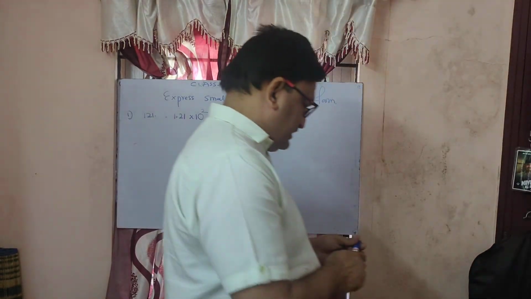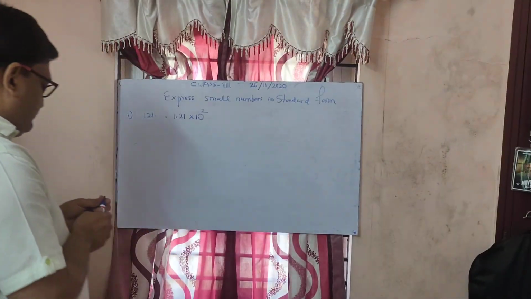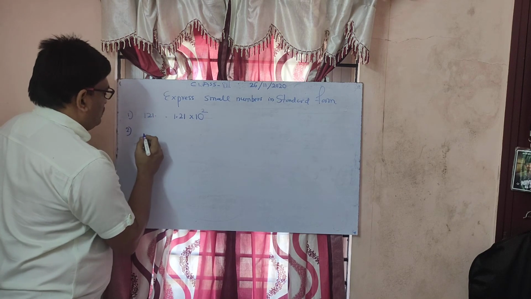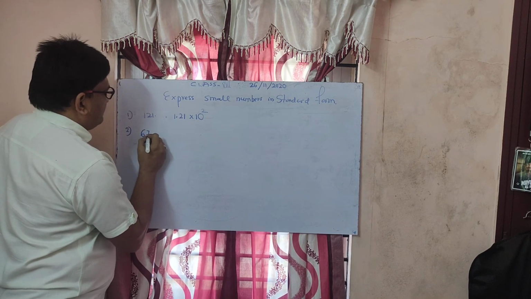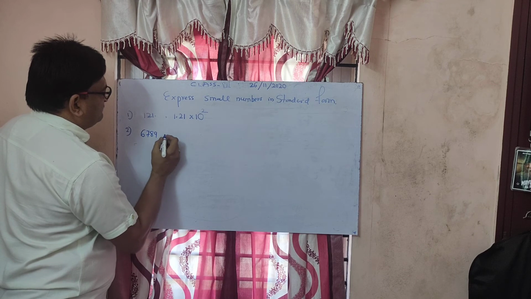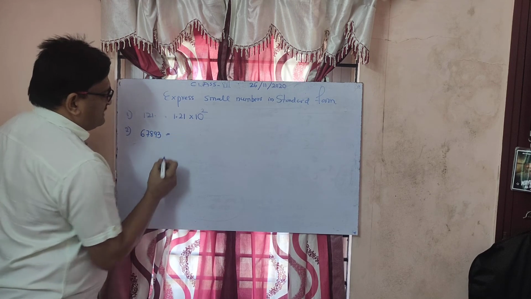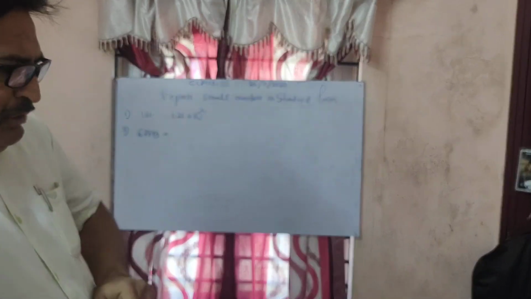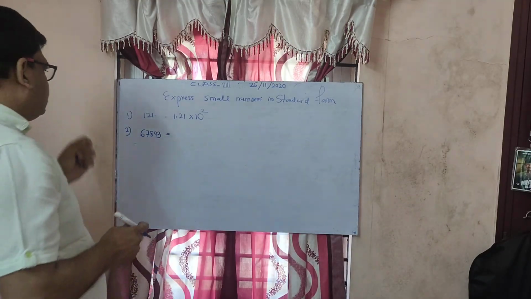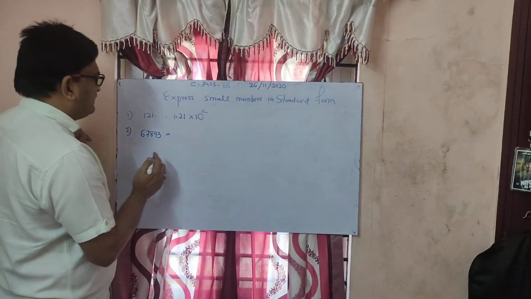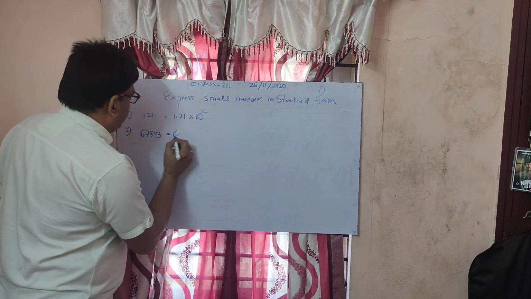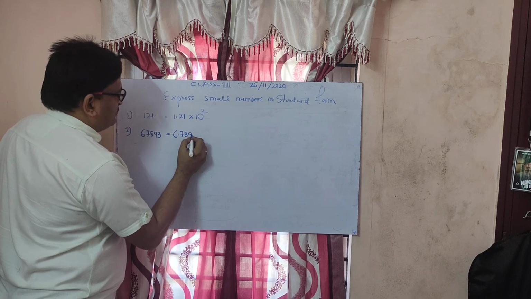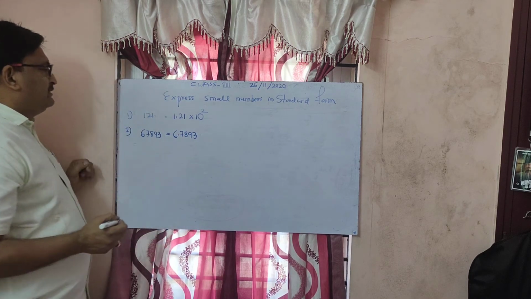Let us look at another number. 6, 7, 8, 9, 3. Now, how to write it? First of all, write 6 point. So what we did?